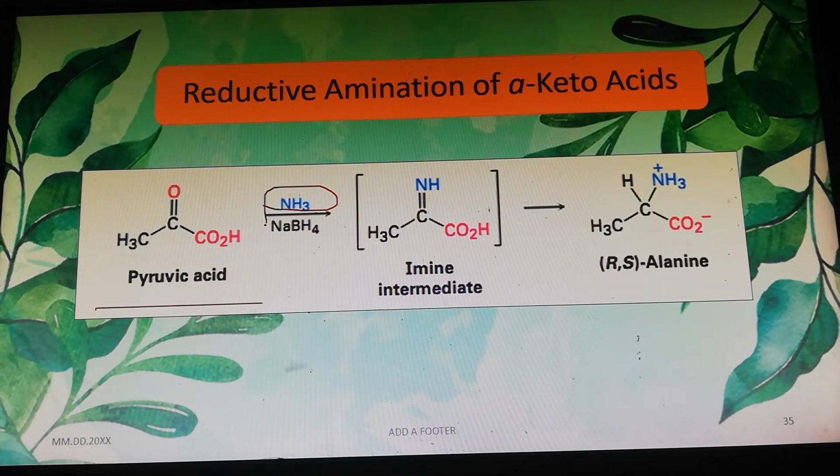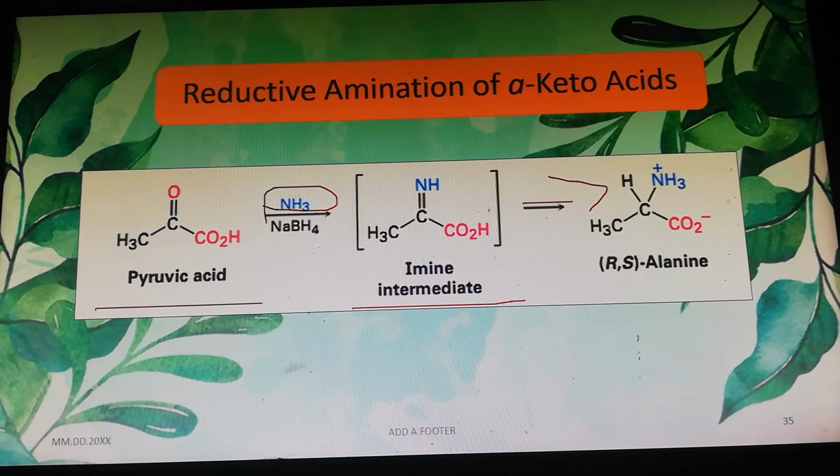The reaction proceeds through formation of an intermediate imine, which is then reduced to produce alanine. So that's the reductive amination of alpha keto acids.